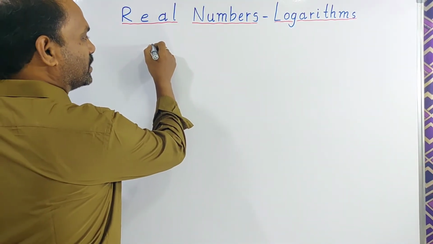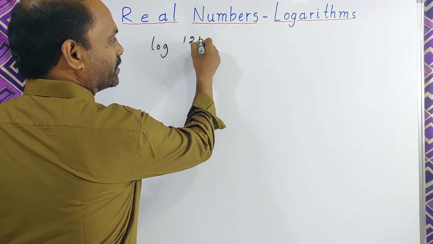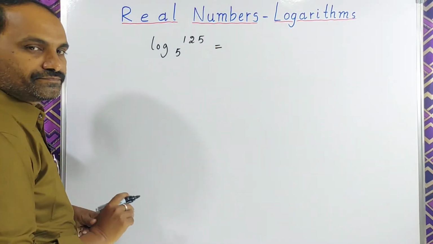For example, log 125 to the base 5 is equal to how much?